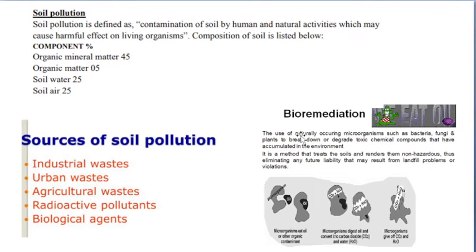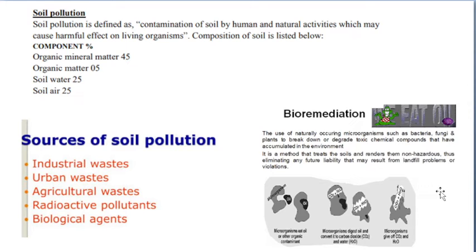Then next is your bioremediation. Bioremediation means the use of naturally occurring microorganisms such as bacteria, fungi and plants to break down or degrade toxic chemical compounds that have accumulated in the environment. This process is known as bioremediation. Okay, it is a method that treats the soil and renders it non-hazardous, means it converts the soil which is accumulated by different types of hazardous substances or pollutants to non-hazardous.